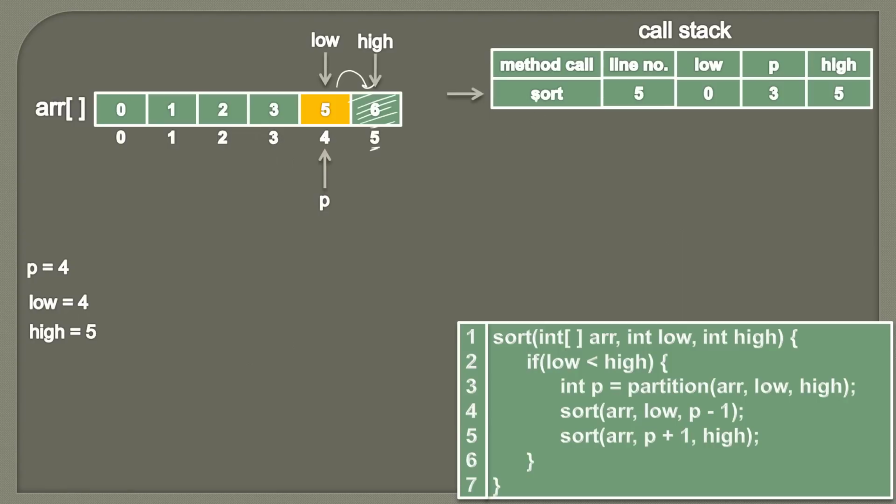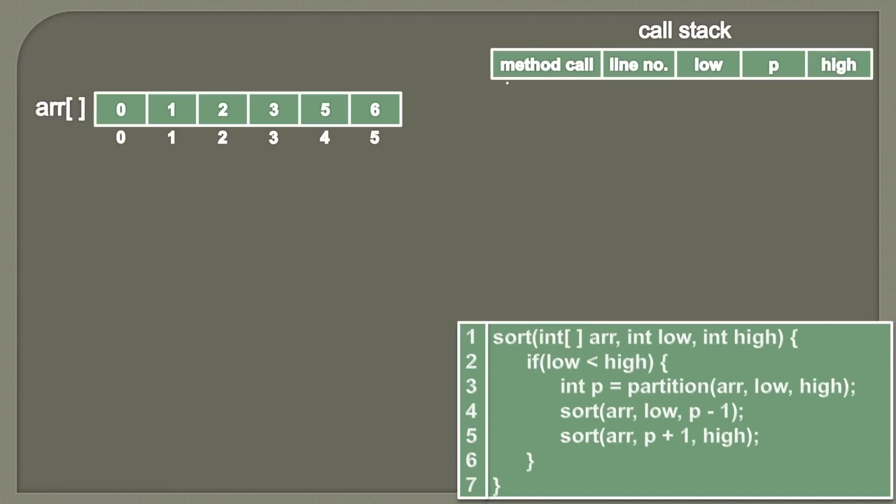So when we had left this sort method, we had left at line number 5. So we start from line number 5, and at that moment low, P and high were at 0, 3 and 5th index like this. And also friends, here you can see that after line number 5 we have no statements to execute. So this sort method will also be removed from the call stack.